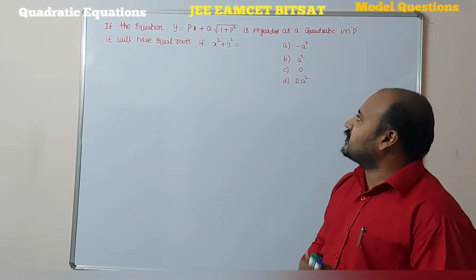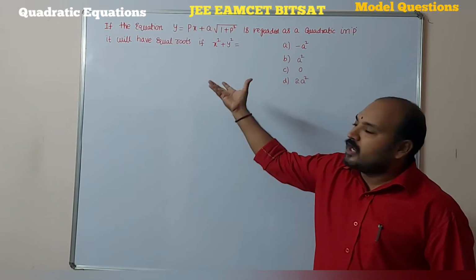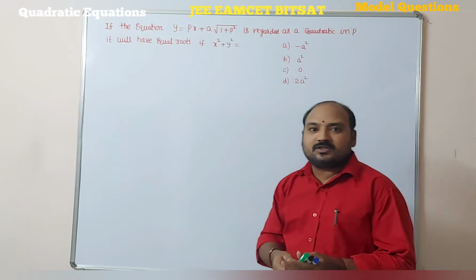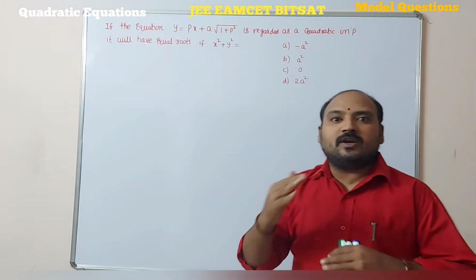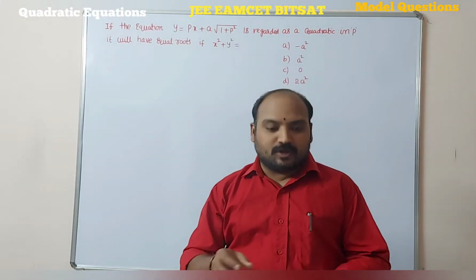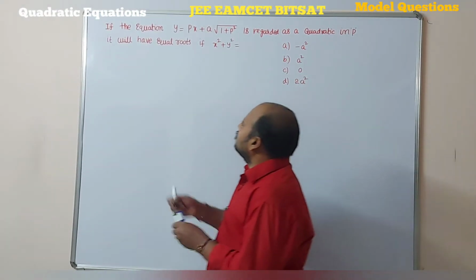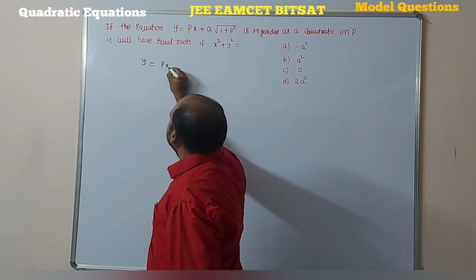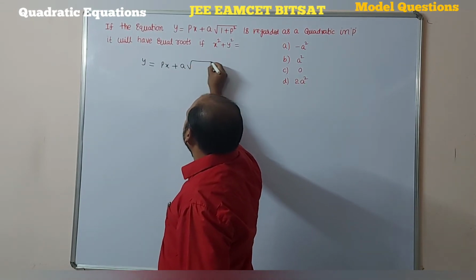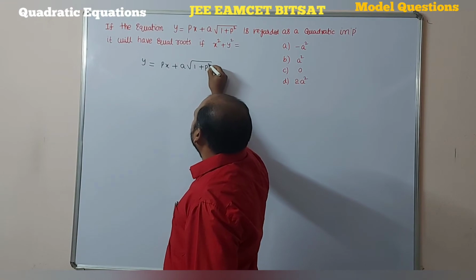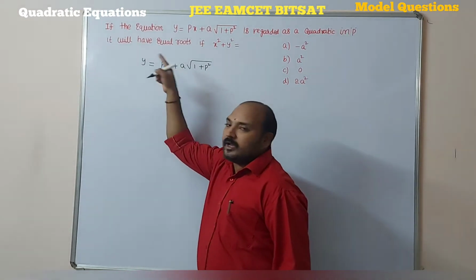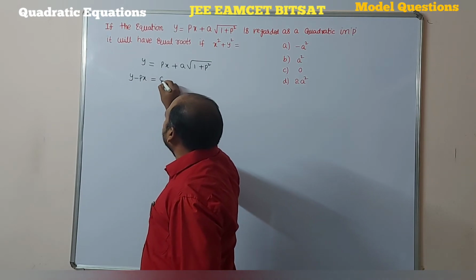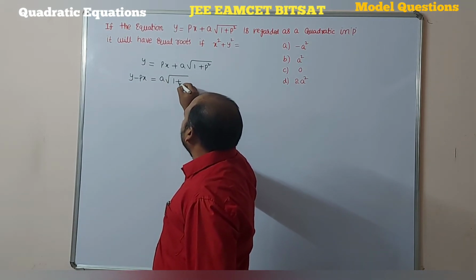So they are asking, the given equation regarded as a quadratic equation in p. So first we have to convert the given equation in terms of a quadratic equation in p. The given equation is y = px + a√(1 + p²). Taking px to this side, it becomes y − px = a√(1 + p²).